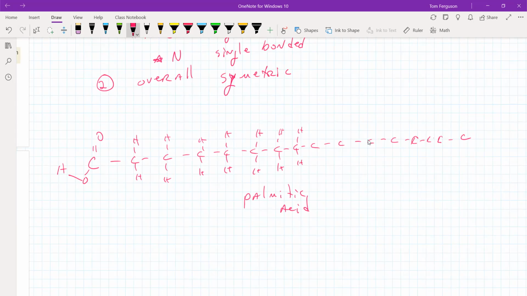When you get into OChem, you don't have to draw the H's. When you get into biochemistry, you don't even have to draw the carbons. But if you're not in those classes, you've got to draw the H's. Now there are 16 carbons here. I was going to do the 18 version, but I just got tired of drawing.